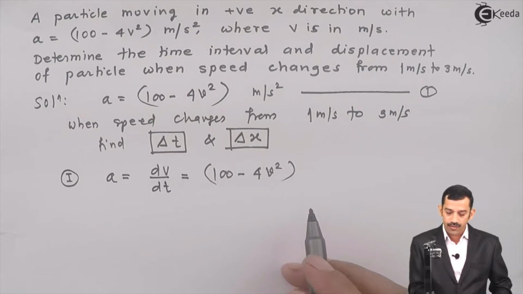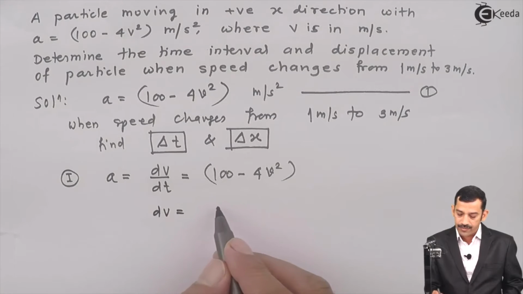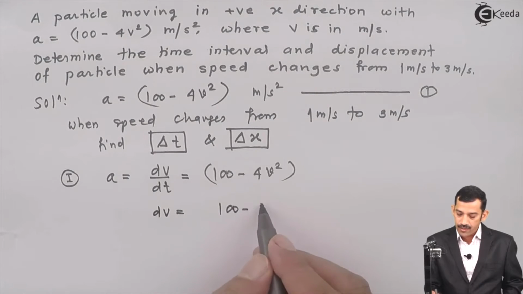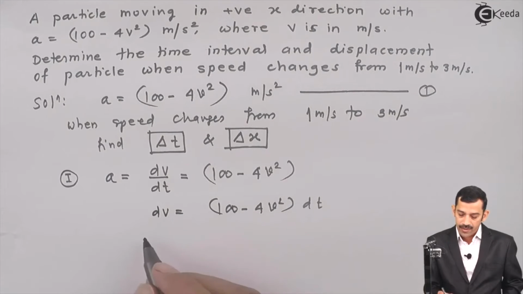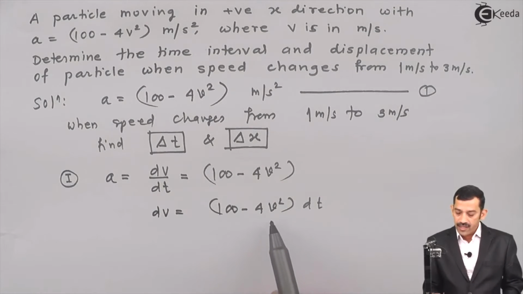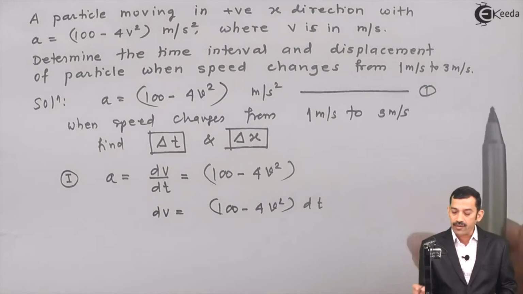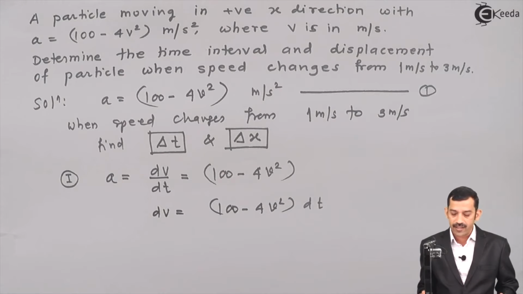If I take this dt to the right hand side, I get dv equal to 100 minus 4v square dt. If we integrate this equation, as the velocity limits are given, 1 meter per second to 3 meter per second, we'll solve it as a definite integral. That means we'll put limits of integration so that the time interval delta t is easily found.